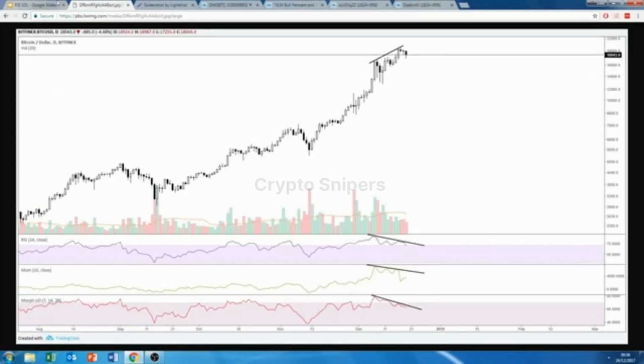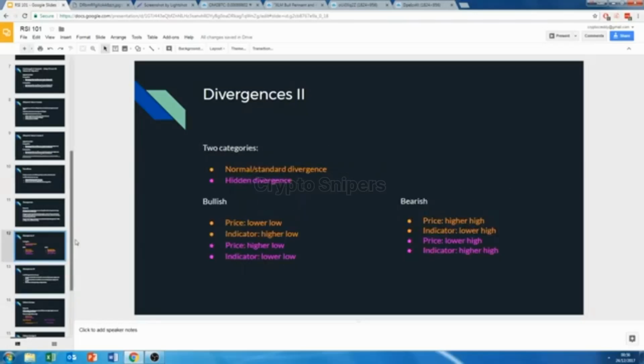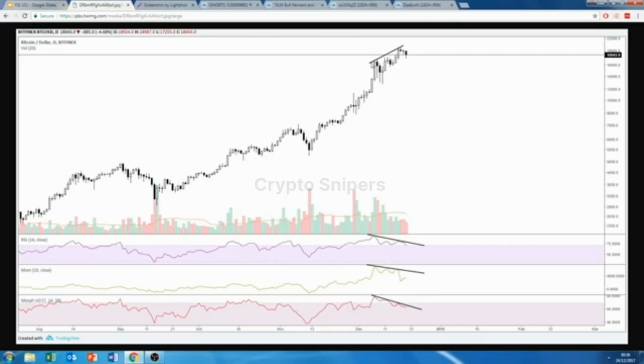So these are all, according to our criteria here, which I didn't expect you to memorize, a bearish divergence. So price is making a higher high, and the oscillator is making a lower high. So this should be quite simple. So price, this is a high, and this is a high, the high is higher. But look at all these oscillators saying otherwise.